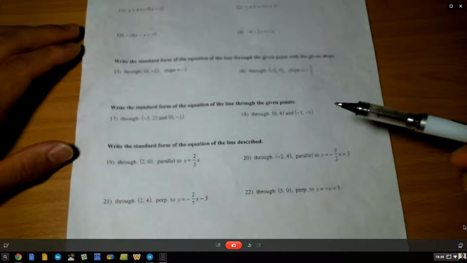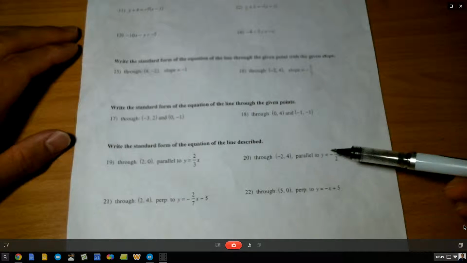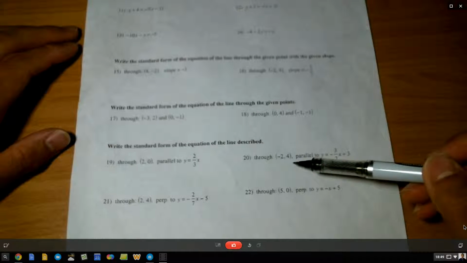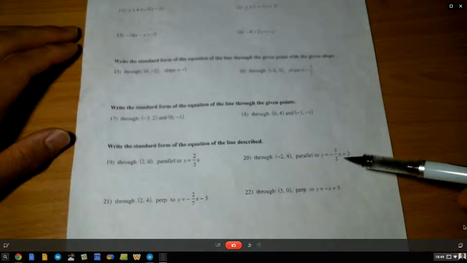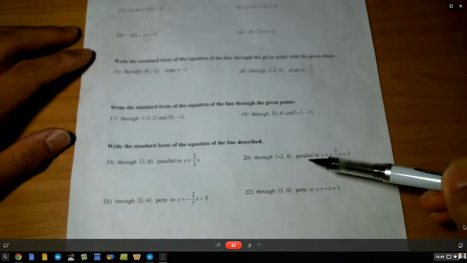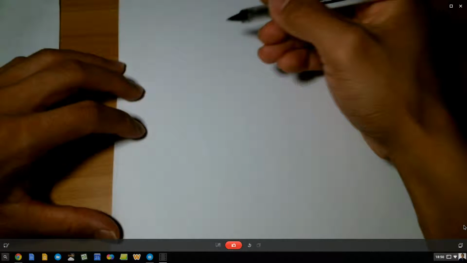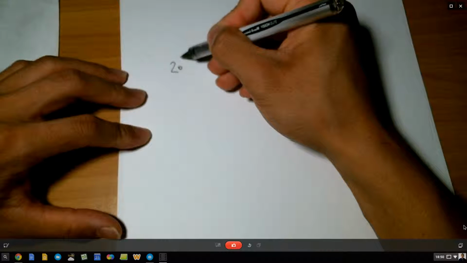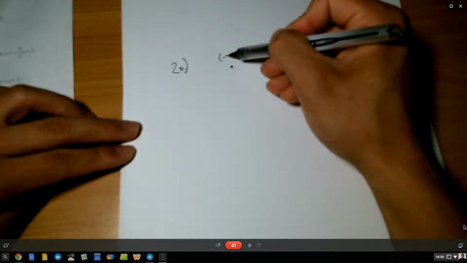it says, through the point -2, 4. So we have a point -2, 4. Find the equation of a line that's parallel to y equals -3/2 x plus 3 that goes through this point. Okay, so let's start on that. So number 20. We have a point in space, and it's -2, 4.